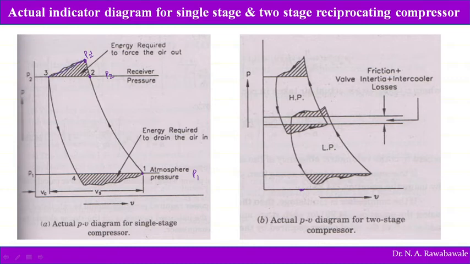This is the additional work required to be supplied to the compressor in order to deliver this air into the reservoir. Then from point 3, expansion of the air present in the clearance volume VC starts. So process 3 to 4 is the expansion process.